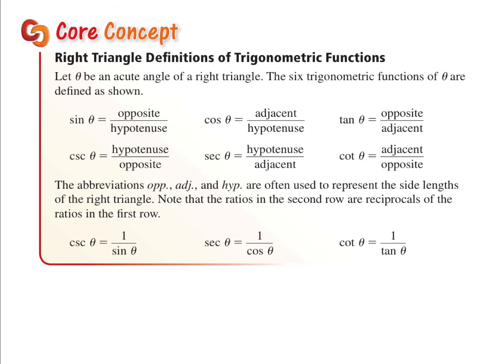So here are our right triangle definitions of our trig functions. So let theta be an acute angle of a right triangle. So theta is just whatever angle we're talking about. And these 6 trig functions are shown here. So sine is going to be opposite over hypotenuse, cosine adjacent over hypotenuse, tangent opposite over adjacent.